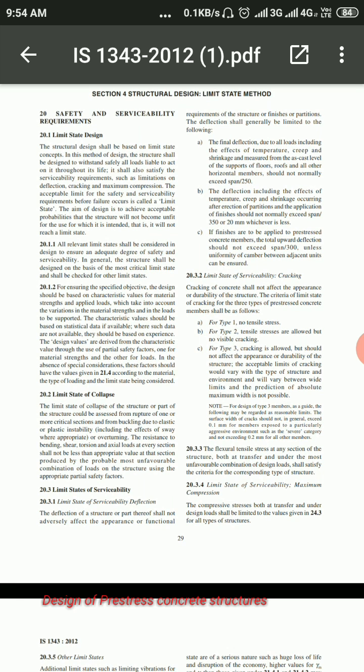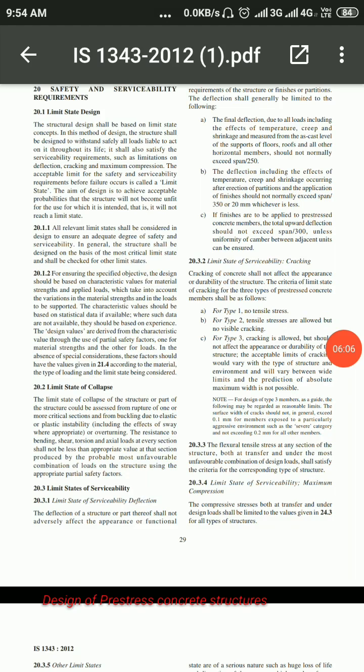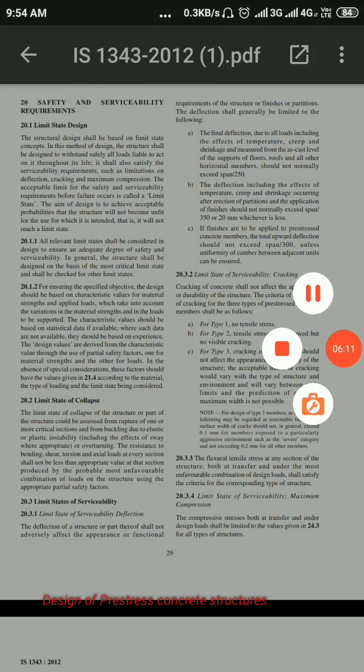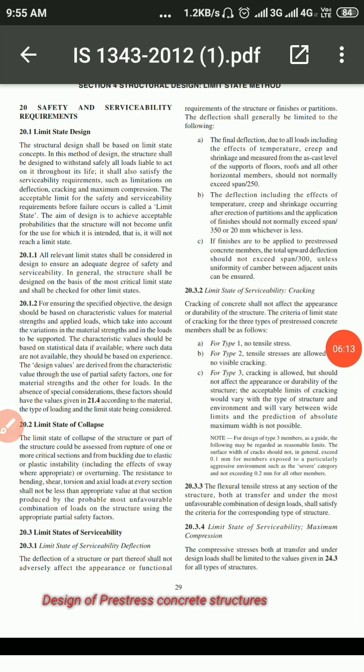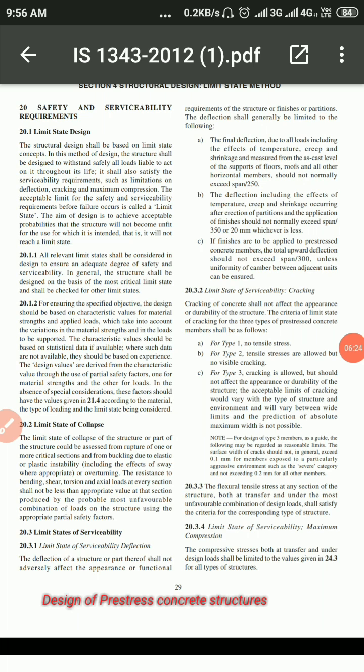In this method of design, the structure shall be designed to withstand safely all loads liable to act on it throughout its life.